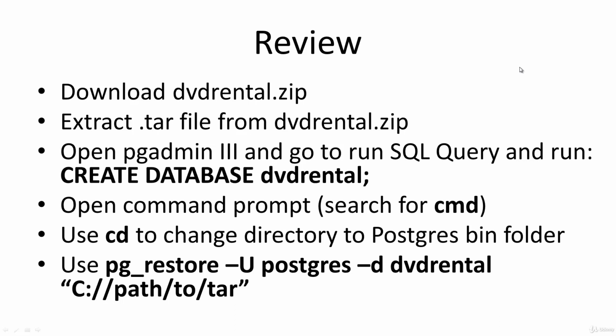Then you had to open your command prompt. You could do that by searching cmd. You had to use cd to change directory to the Postgres bin folder, like we showed. And then you had to use the command pg_restore -U postgres -d dvdrental, and then encapsulate in quotes the file path to your .tar file.